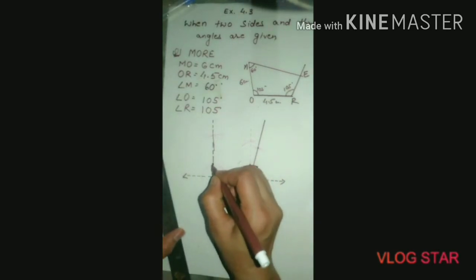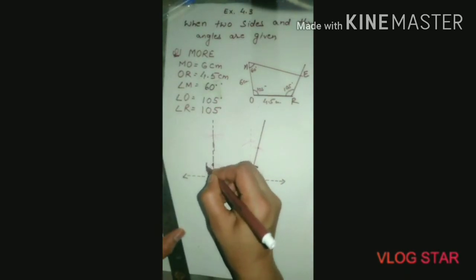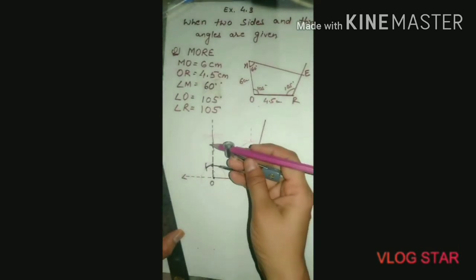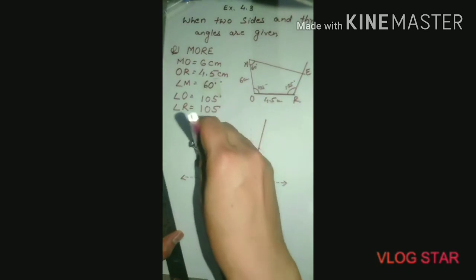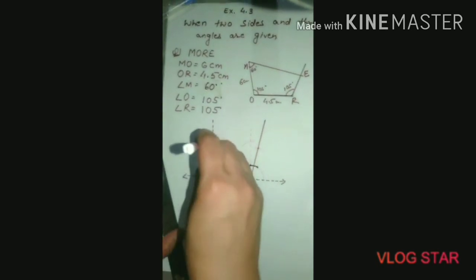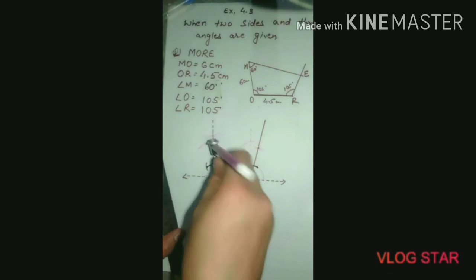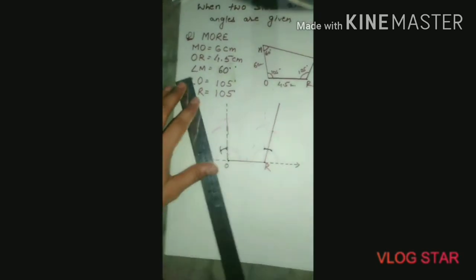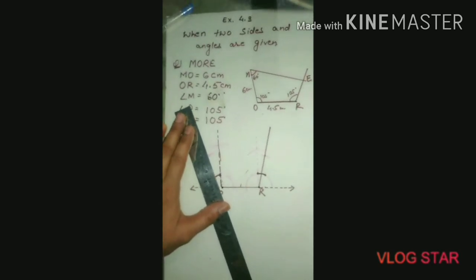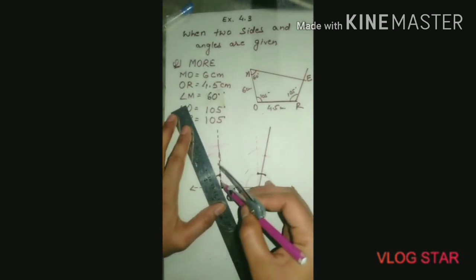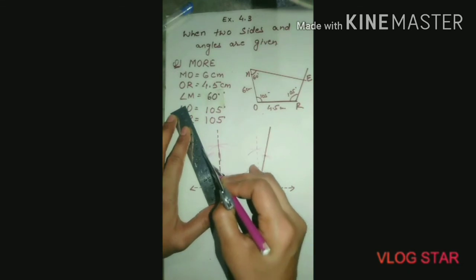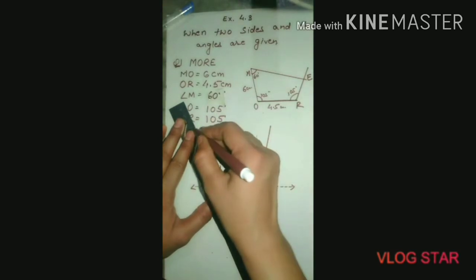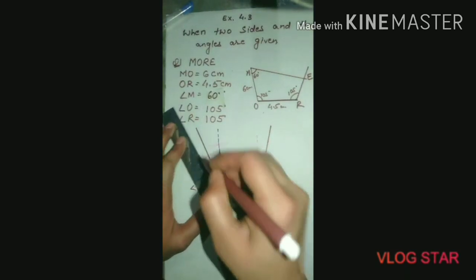Now this point of intersection and this point of intersection, this part you have to bisect again. Use a sharp pencil for your construction. This point and this point, and extend it. This way. Now here is another 105 degree.